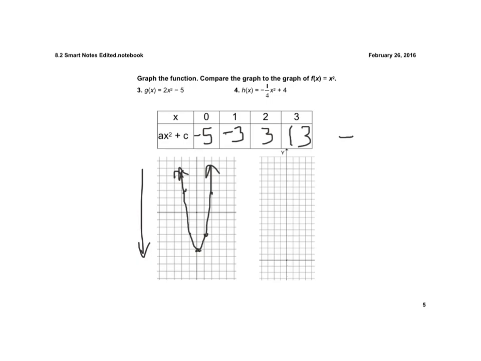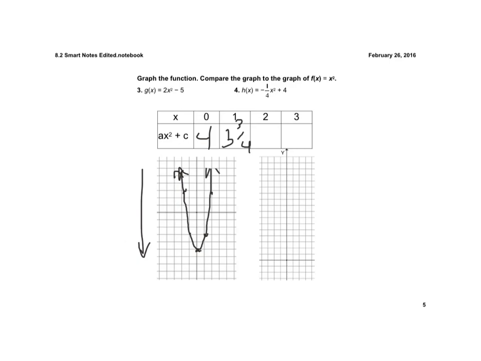Now, if we do this next one, I plug 0 in. 0 squared is 0. 0 times negative 1/4 is 0. And 0 plus 4 is 4. Plug 1 in. 1 squared is 1. 1 times negative 1/4 is negative 1/4 plus 4 is 3 and 3/4. 2 squared is 4.